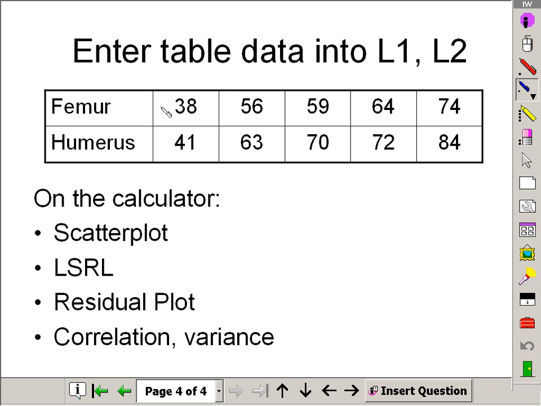But what I want you to try right now is this. I want you to enter this data into L1 and L2. I want you to create a scatter plot. I want you to calculate the least squared regression line, record correlation and variance, and also determine the residual plot. So go ahead and create this data.